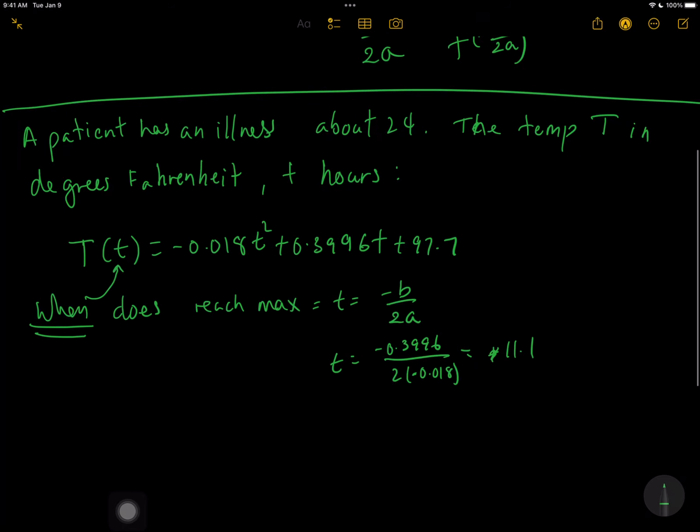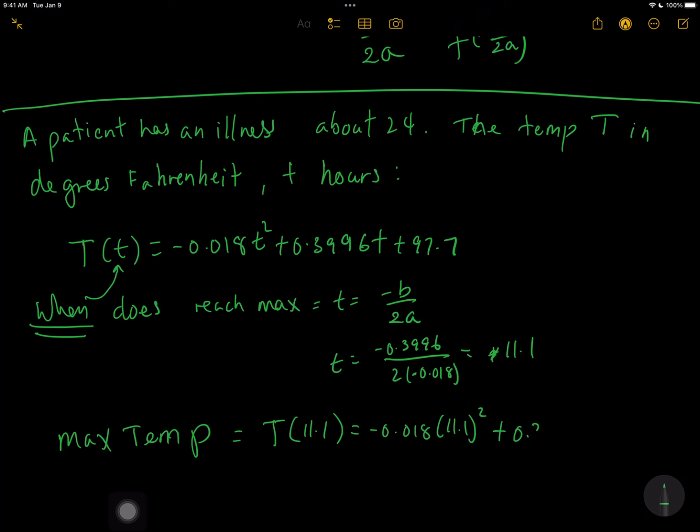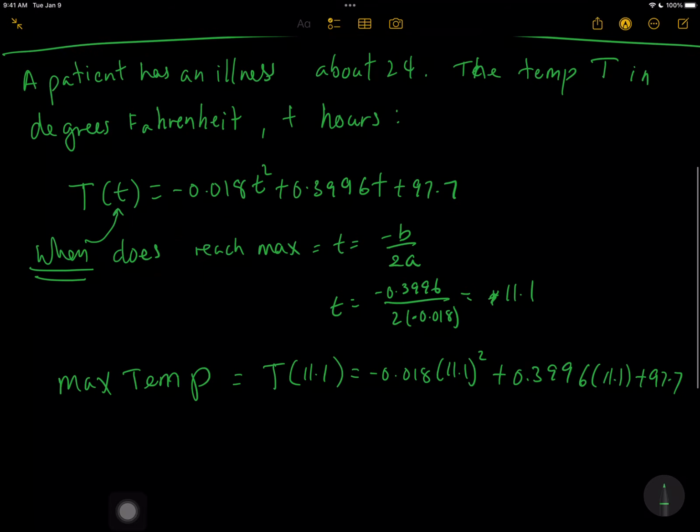And so all we have to do now to answer the second question of what's the maximum temperature during the illness, and our max temp is simply going to be T and plug in the 11.1. Negative 0.018 times 11.1 squared plus 0.3996 times 11.1 plus 97.7.